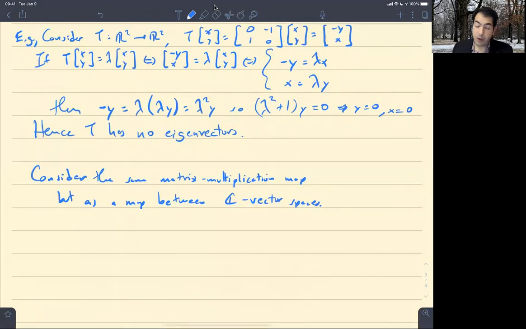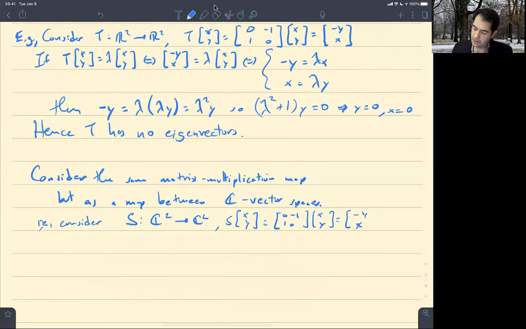So instead of going from R2 to R2, you're going from C2 to C2. Let's give it a different name, S, from C2 to C2. But otherwise, it's the same thing. S of (x, y) is just multiplying by the matrix [0, -1; 1, 0] times (x, y), which is (-y, x).